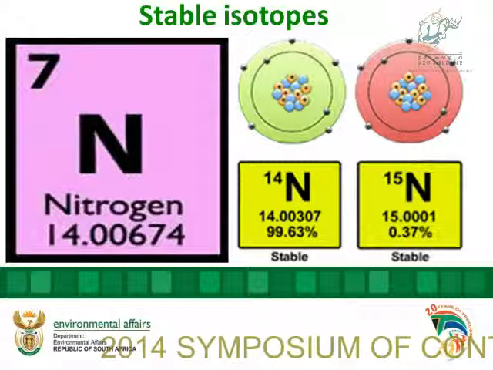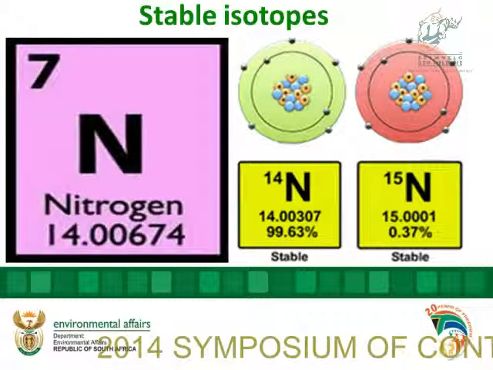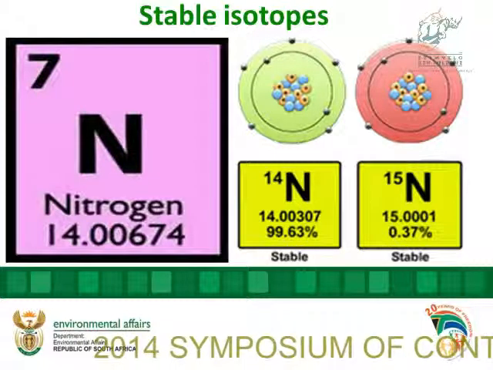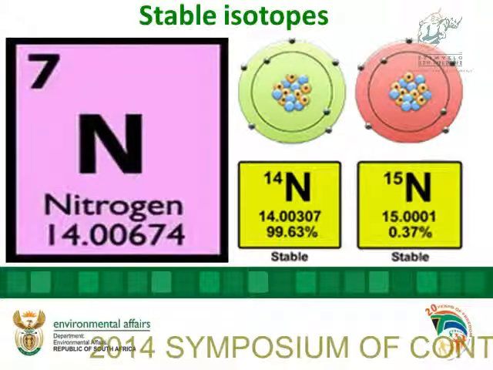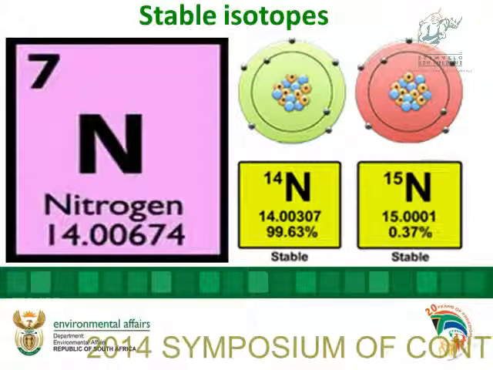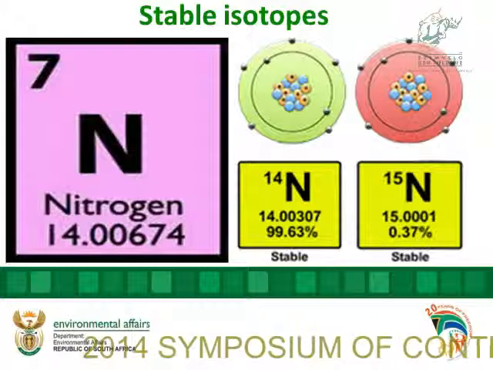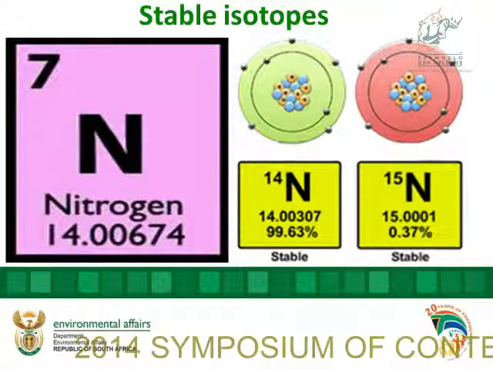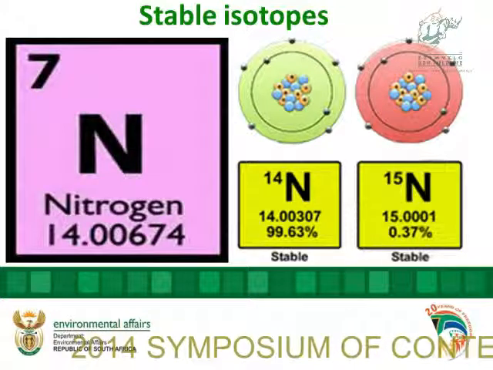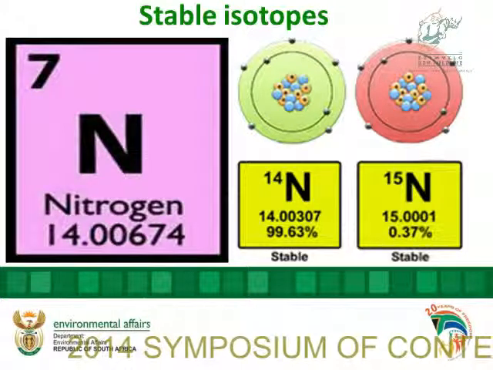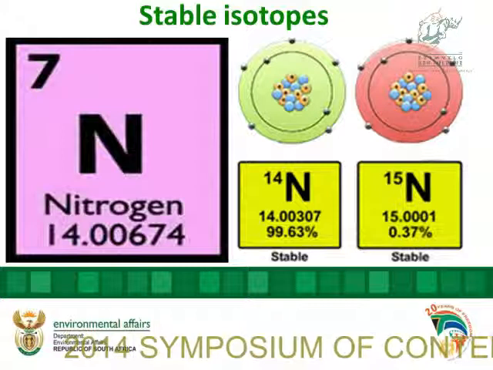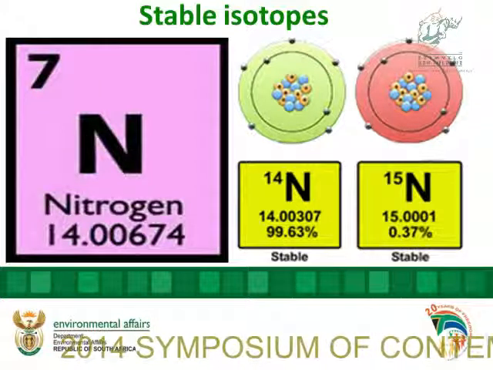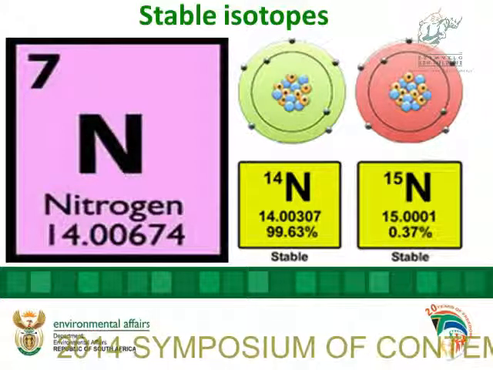As you can see here for nitrogen, they have different atomic masses. Nitrogen 15 is heavier than nitrogen 14. And if the nitrogen 15 is heavier, that means it is the most preferred element by the plants because it can be incorporated in the tissues of organisms and be stored for a longer period of time.